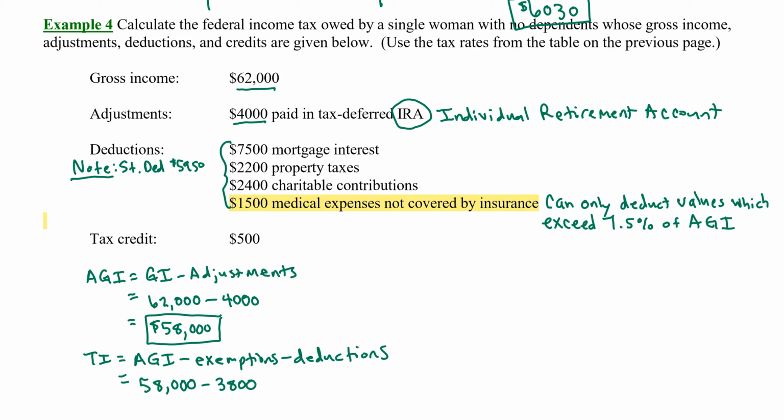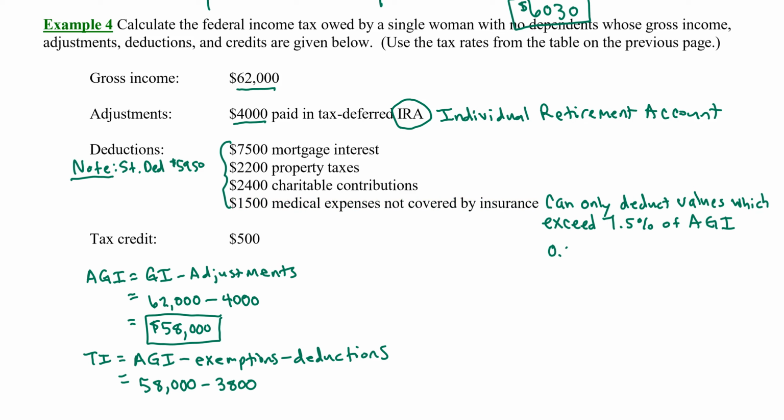So some medical expenses, when someone has a medical emergency, you know how quickly those expenses can explode. However, not every single dollar beyond what's covered by insurance is deductible. Only those dollars that exceed 7.5% of adjusted gross income. So let's figure out what that is for this particular woman.